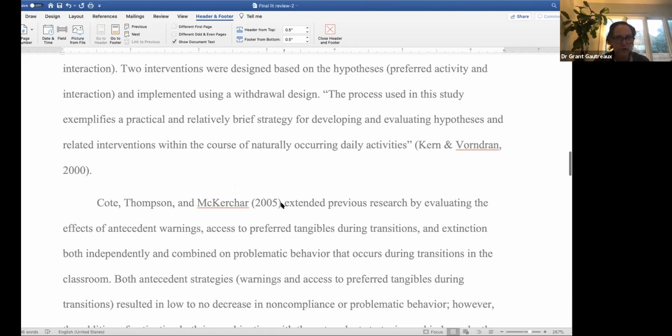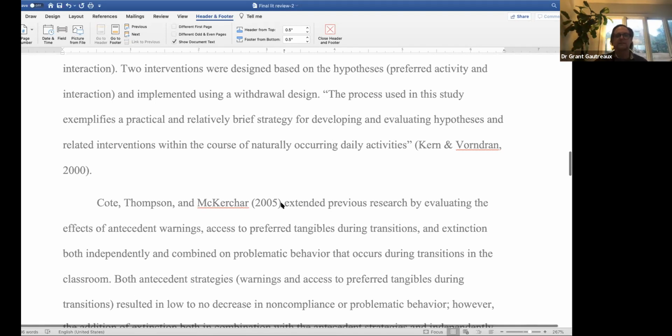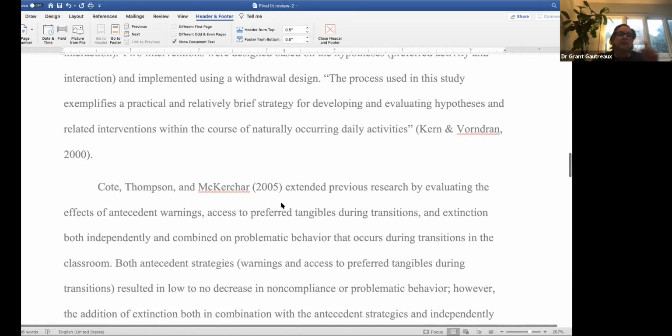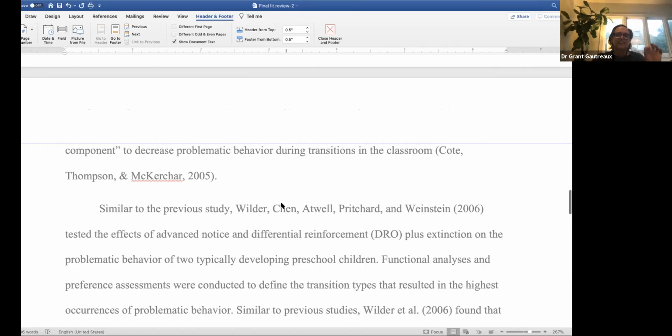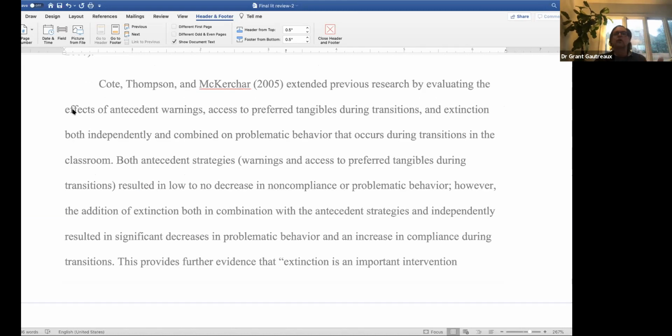Coate, Thompson, and McKercher in 2005 focused their research on this. And that's how you transition from one to the other. If there were other people that focused on antecedent warnings, you'd want to cite them also in order to show there's a body of people focusing on this.